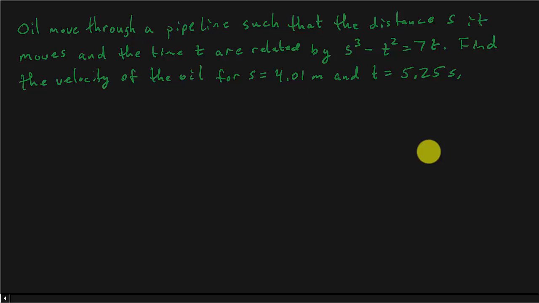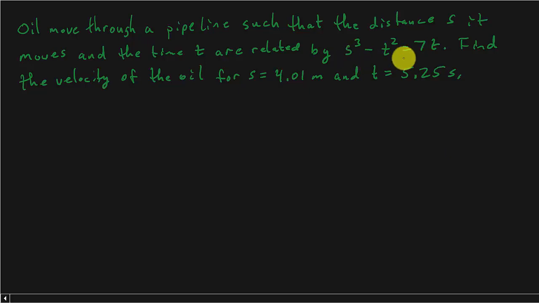Okay, so think about this. S represents the distance. T represents time. So in this problem, if I want to find the velocity, well, haven't we looked at that in other videos? The derivative of the displacement function is velocity. So we're finding the derivative of s.